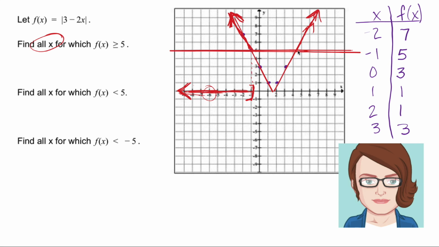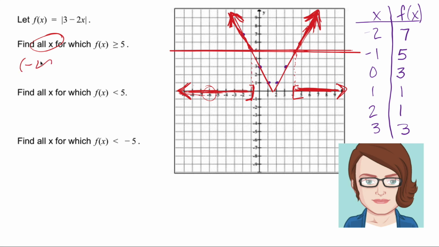Likewise, if I come over to this direction, I don't draw my line very straight, but it should be right there at positive 4. Again, we want all of the values that are above that red line. I can come down here and I see positive 4, and it goes to the right. So in interval notation, I look at my solutions along that x-axis because we're trying to find all the x values.